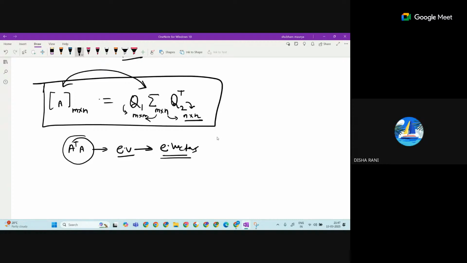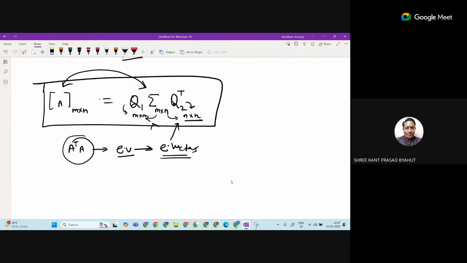We can calculate A transpose also. So these eigenvectors are going to be for which one? For A transpose A, they are for Q2.